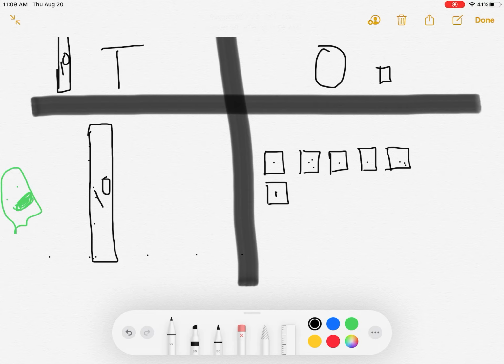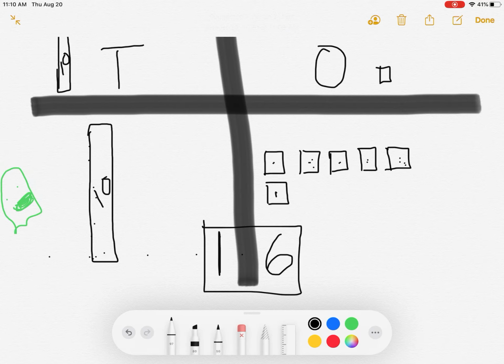What number did we make? Well, let's see. Let's count our babies. 1, 2, 3, 4, 5, 6. We have 6 babies and 1 10 stick. What's the number? 16. Nice job, friends.